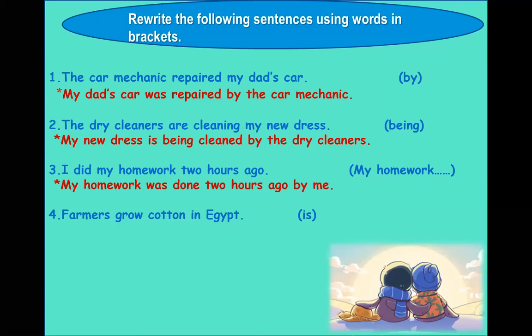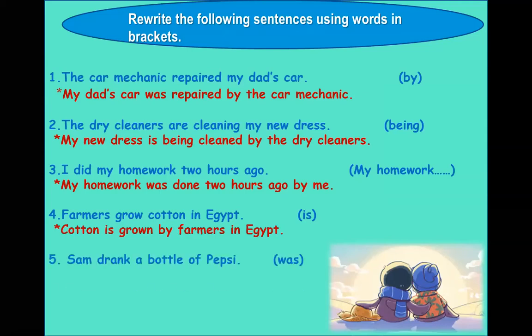It will take is because we are talking in the present simple. Cotton is... What is the past participle of grow? Grown. Excellent. In Egypt by farmers, or by farmers in Egypt, they are the same. So the right answer will be cotton is grown by farmers in Egypt.